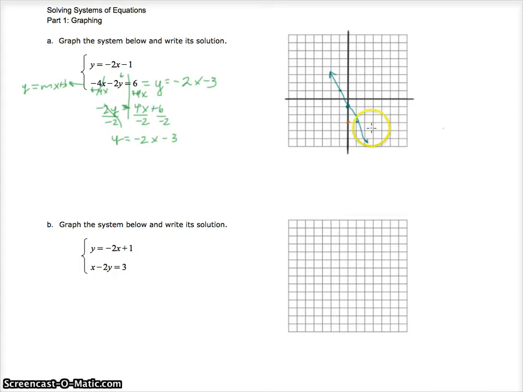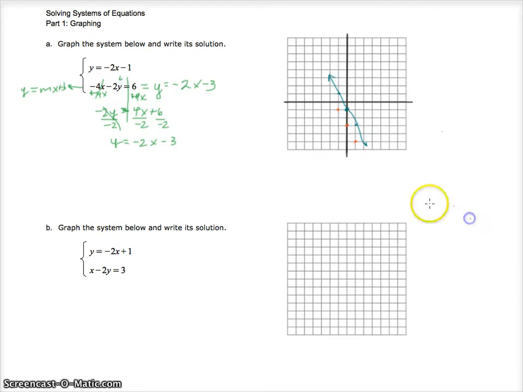And its slope is also down 2 over 1. And it'll look something like this. If I trace this all the way to infinity, they're going to be parallel. They are actually the same slope, so that means they have no solution.